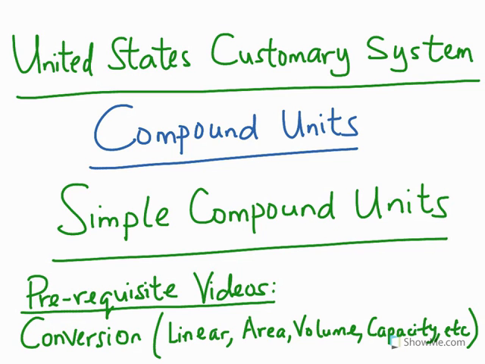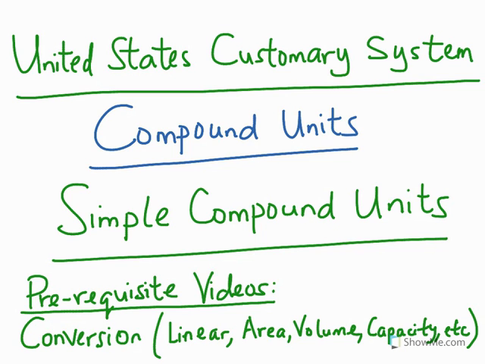If it was the speed, miles per hour, two fundamental units are being divided to give the derived unit. If it was the area, feet times feet, square feet, two fundamental units are being multiplied to give a derived unit.